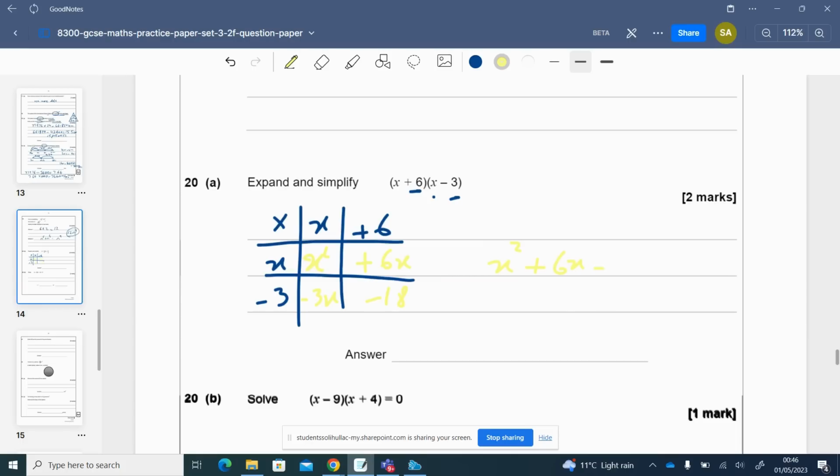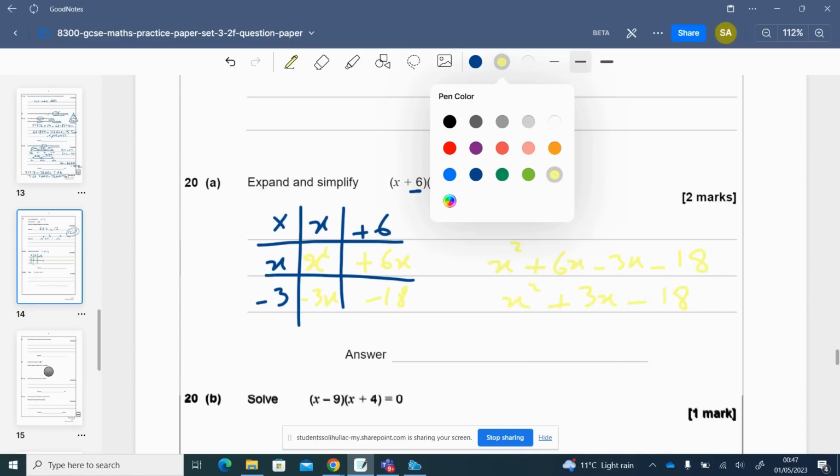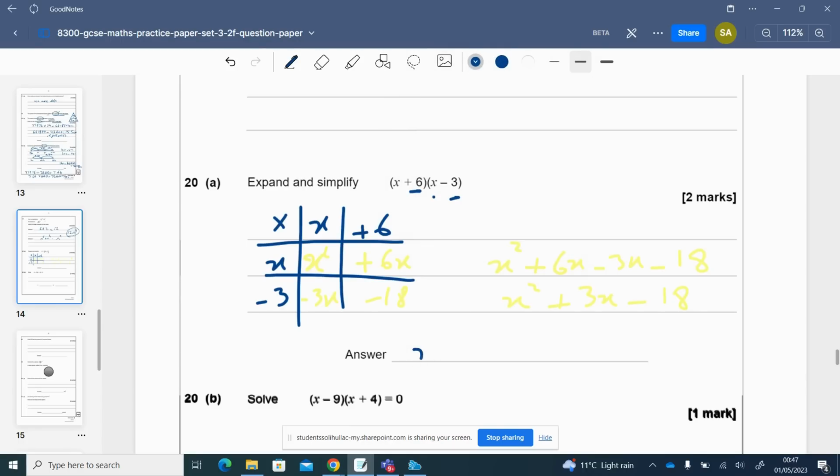So x squared plus 6x minus 3x minus 18, and that gives you x squared plus 3x minus 18, since 6 minus 3 is plus 3. Okay, so your final answer will be x squared plus 3x minus 18.